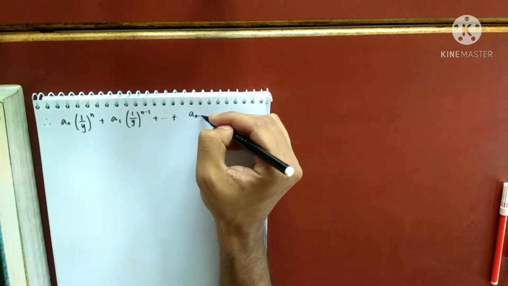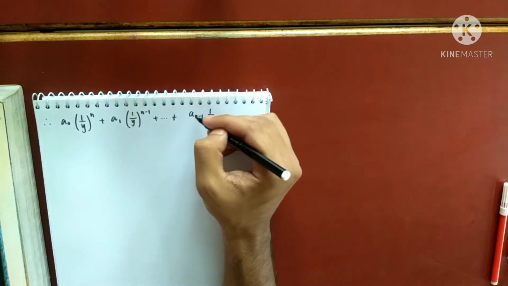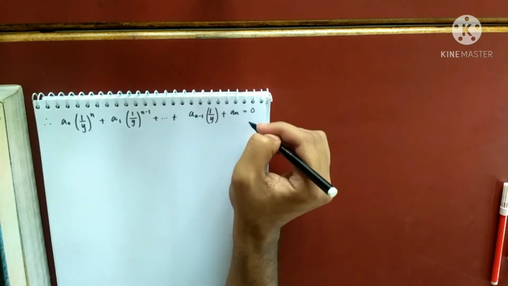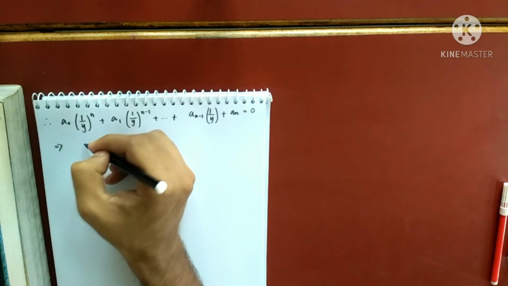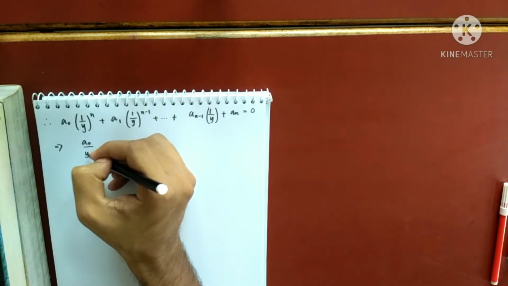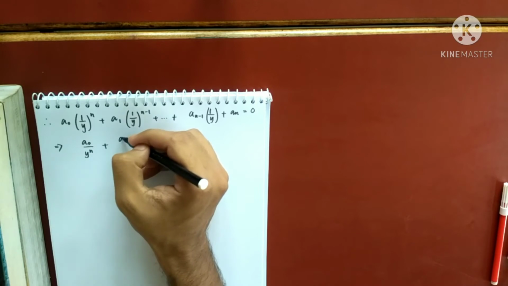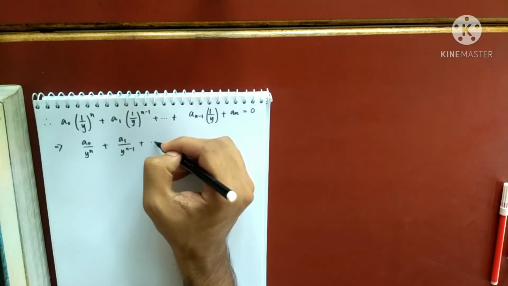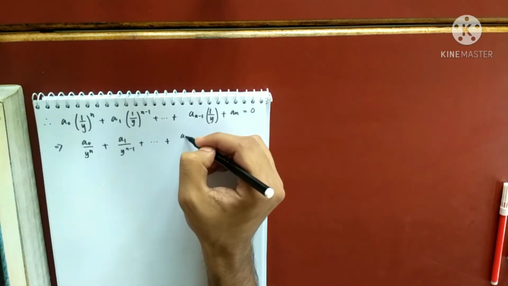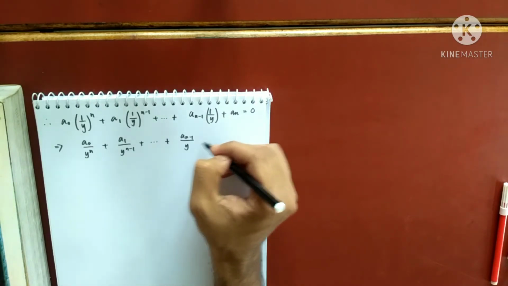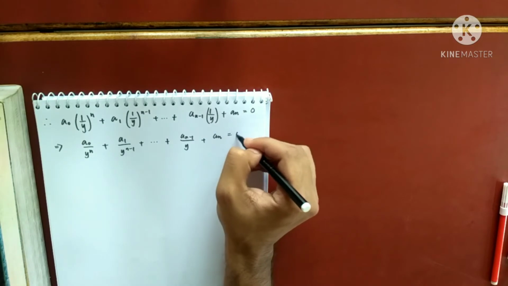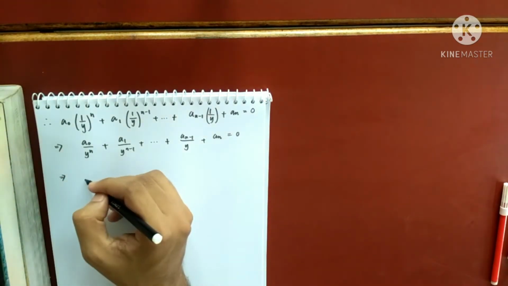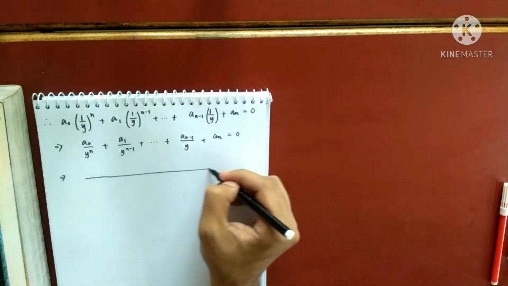The second last term was this, a n minus 1 alpha plus last term was this equals to 0. So this is nothing but a0 by y to the power n, a1 by y to the power n minus 1, dot dot, a n minus 1 by y plus a n equals to 0. Take the LCM, so LCM will be y to the power n.